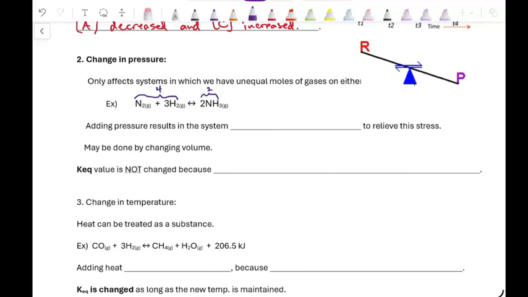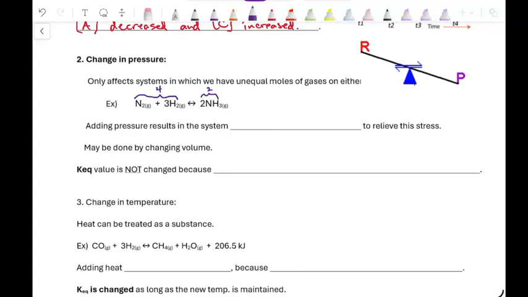Well, creating more gas would create more pressure, right? So if the reaction system were to shift to the left, that's going to increase the pressure. If it shifts to the right, where we're only making 2 moles, that's going to decrease the pressure, right? So in this case, adding pressure would shift the reaction to the right.